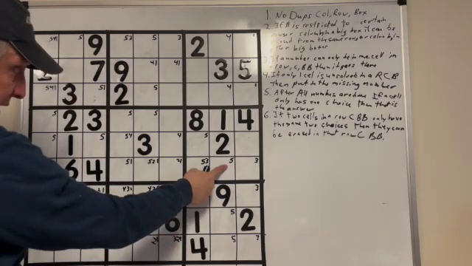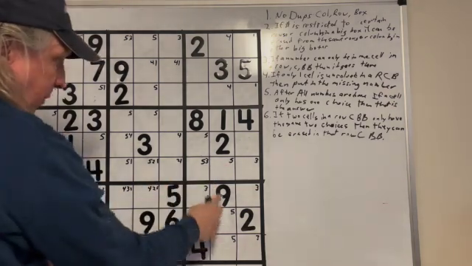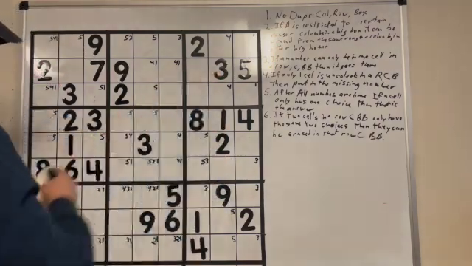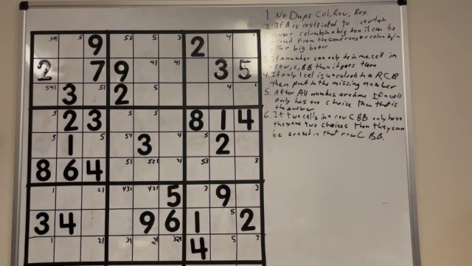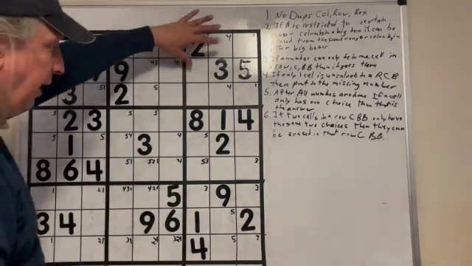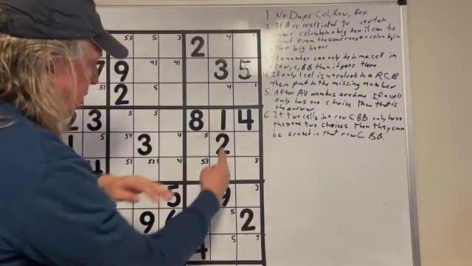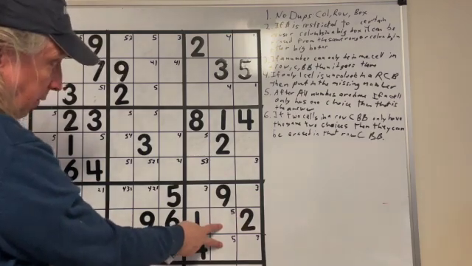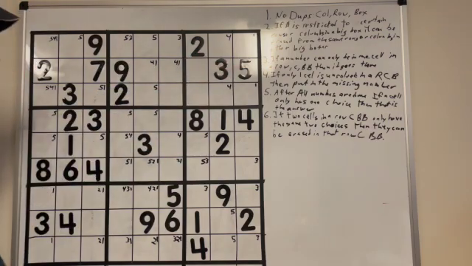So I can erase this, okay? 5s can only be in the middle here, so they cannot be in the middle here or here. And this is an easy version of rule number 2, because we're not doing the weird double thing, like it can only be here and here and here and here, therefore it has to be in the middle. We're not doing any of that. This is straight up, can only be in the middle. So that's an easy version of rule number 2. Good. Okay, so that one's done.